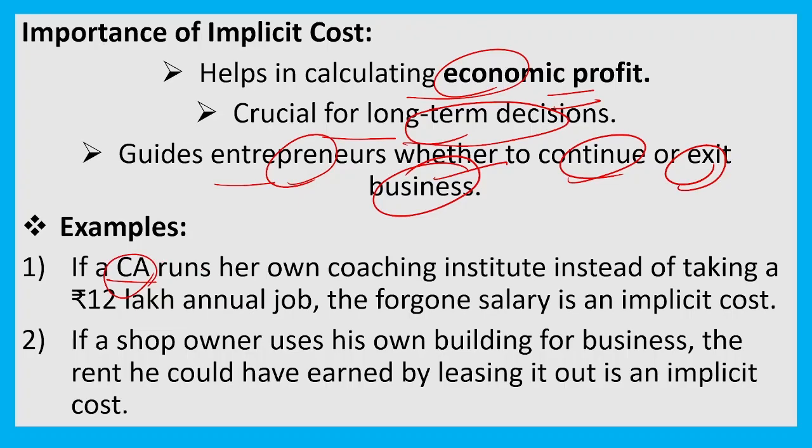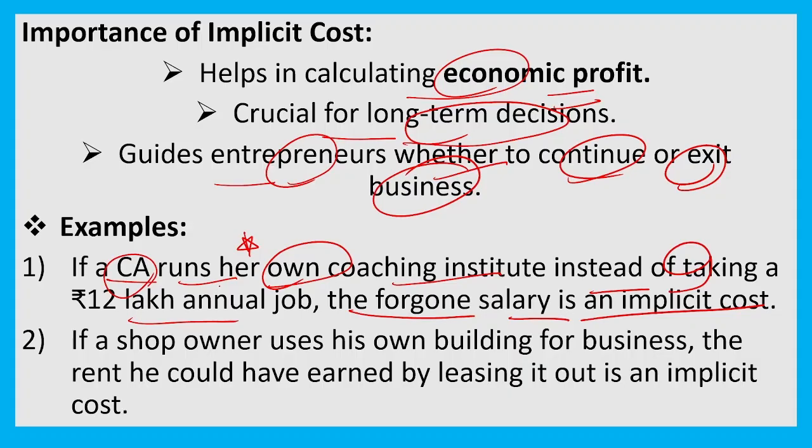If a CA, chartered accountant, runs her own coaching institution, instead of taking a 12 lakh annual job, the foregone salary is an implicit cost. Now listen very carefully. What do I mean by implicit cost? Here, wonderful example I have given. If the chartered accountant is running his or her own coaching institution, that is private tuitions, instead of doing a job, where he or she might be getting 12 lakhs per annum, he or she is not getting it.